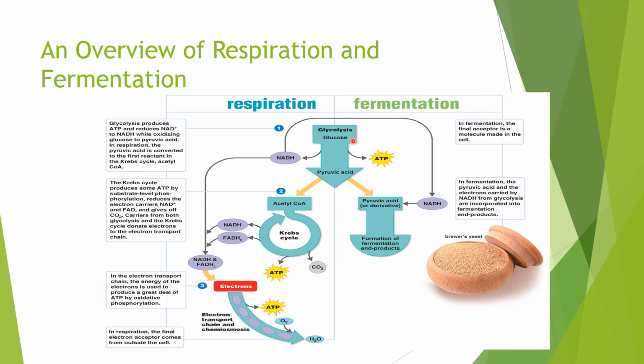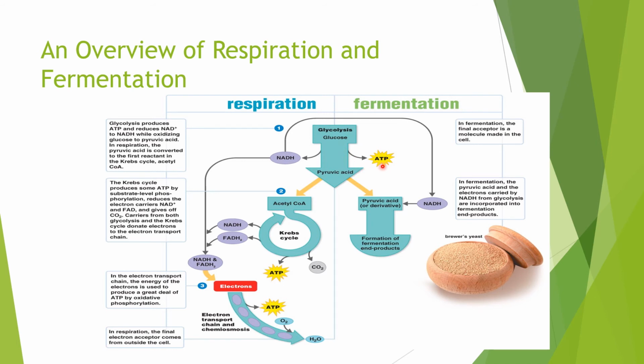It's just that the easiest thing to break down is glucose. So that's why we usually talk about glucose, but again, it's not the only source that we break down to make ATP. So in glycolysis, once we break down glucose, we do produce energy, ATP.